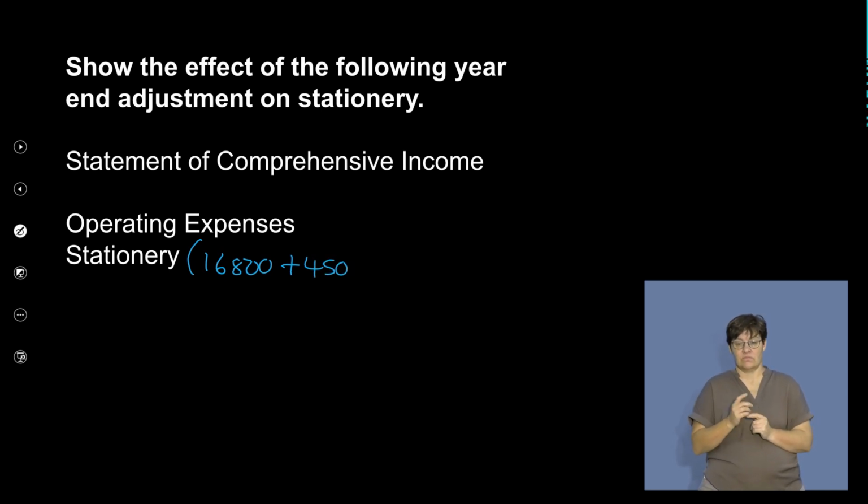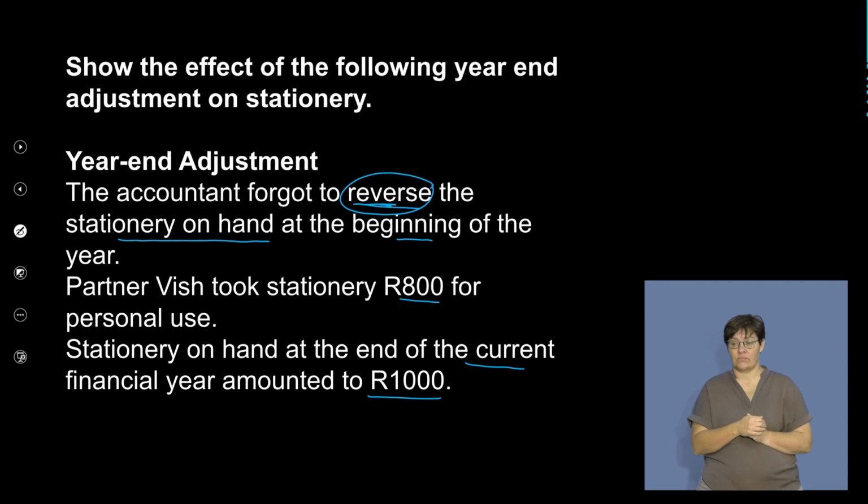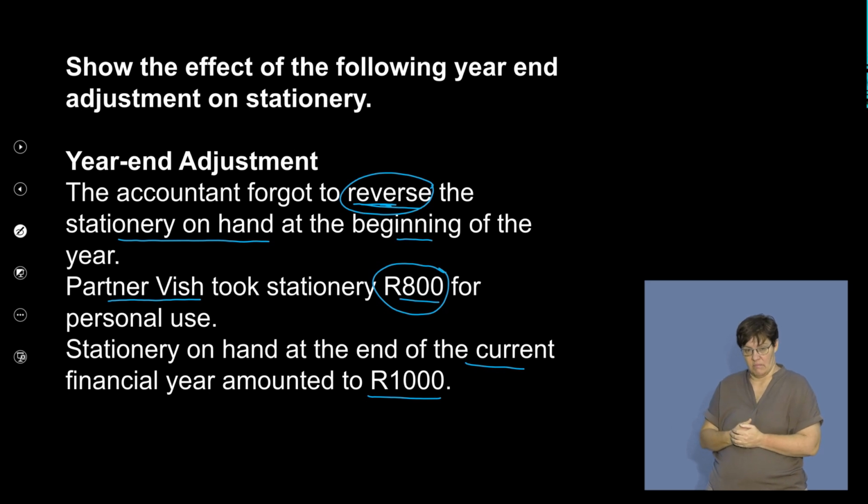We're adding the 450. Okay, right, so that's the first part to the adjustment. Let's now look at the next part. Partner Vish took stationery for 800 Rand for personal use, obviously for his own use.